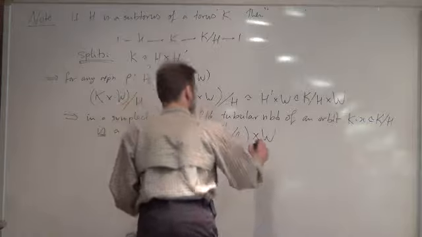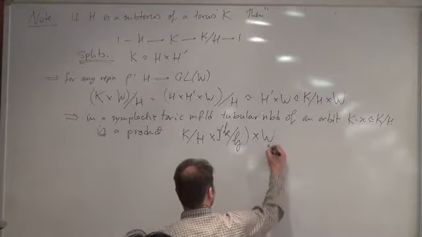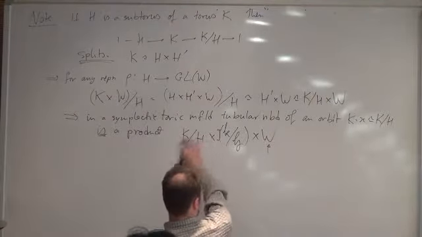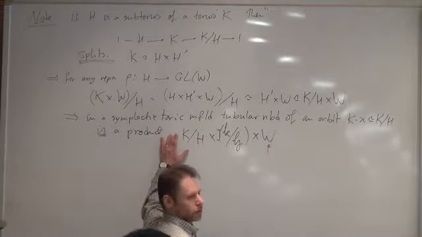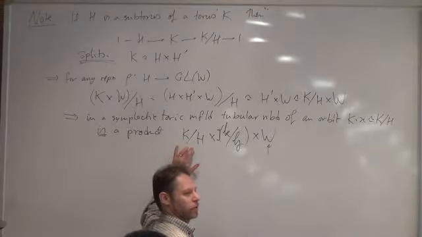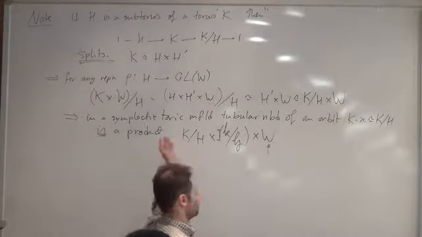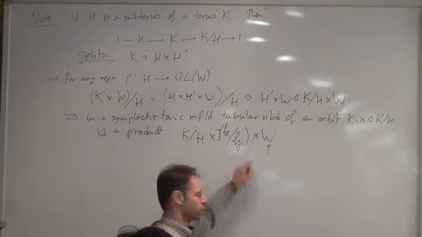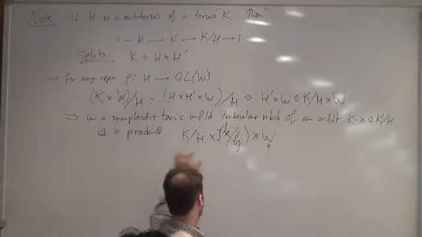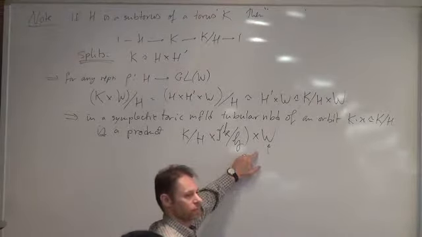And there is an action of K on the whole thing. So what is the action of K? Well, it's an action of K on K mod H, just by multiplication on the left. And here there is a unitary representation. The K doesn't act, but H does.